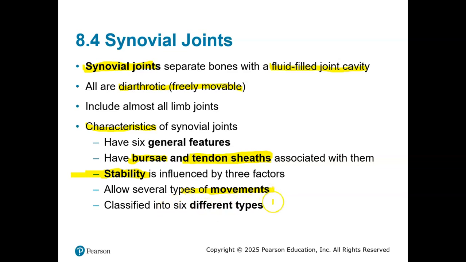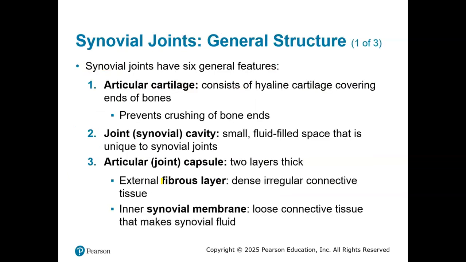There are 6 different types of movements, and I don't really get all caught up in all those either, but there's a hinge movement, and there's rotation and circumduction. So we'll look at those different types of movements. But the stability of the hip joint is a lot higher than it is for the shoulder joint. The shoulder joint sacrifices stability for movement, being able to move.